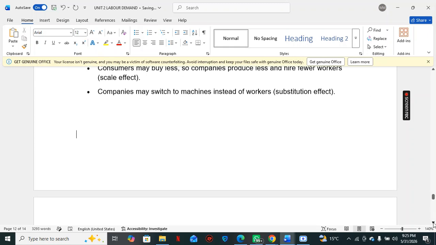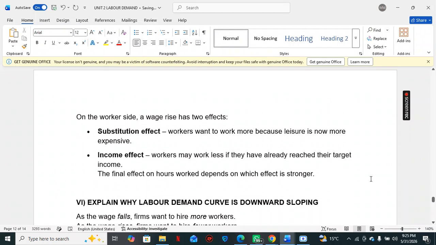Now that's on the company side. On the worker side, this is what an increment in the wage rate can bring. Number one is what we call the substitution effect, which we're going to look at in depth when we look at labor supply, where workers are substituting leisure with work.